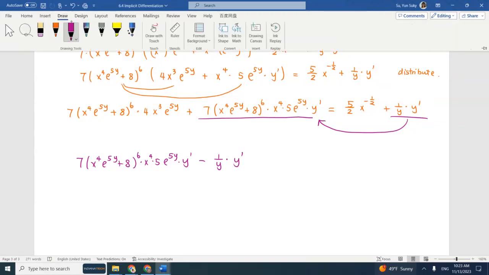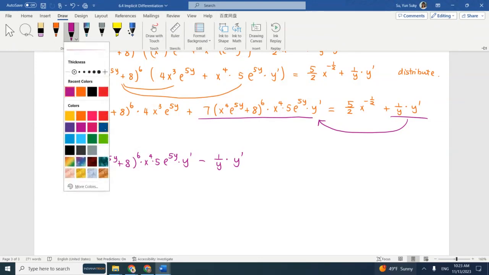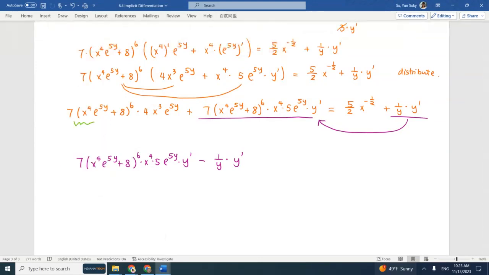And how about these two terms? These two terms have no y prime. So we want to move them to the right hand side. So my right hand side is 5 over 2 x to the negative 1/2.